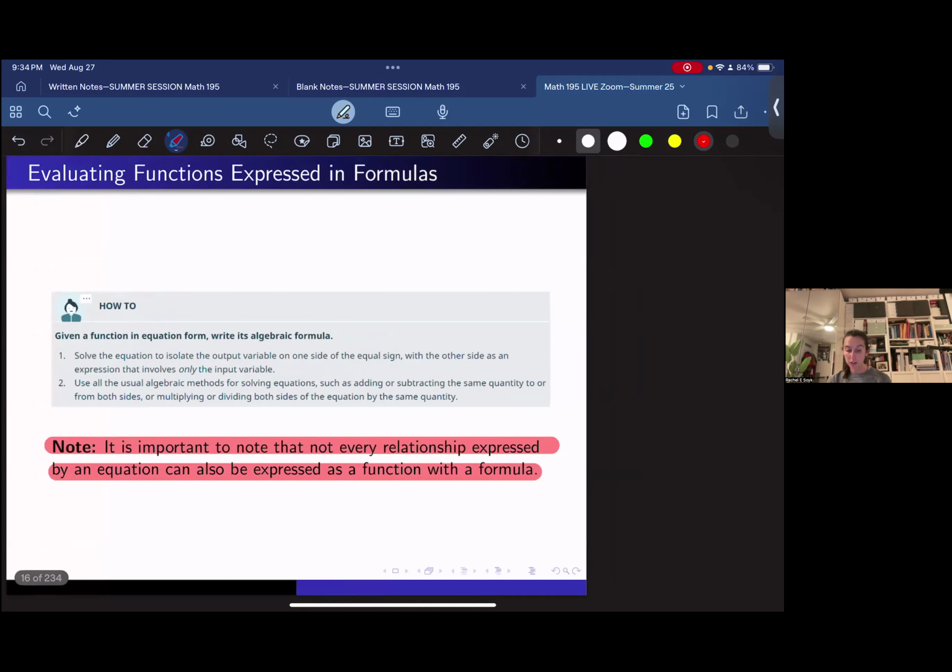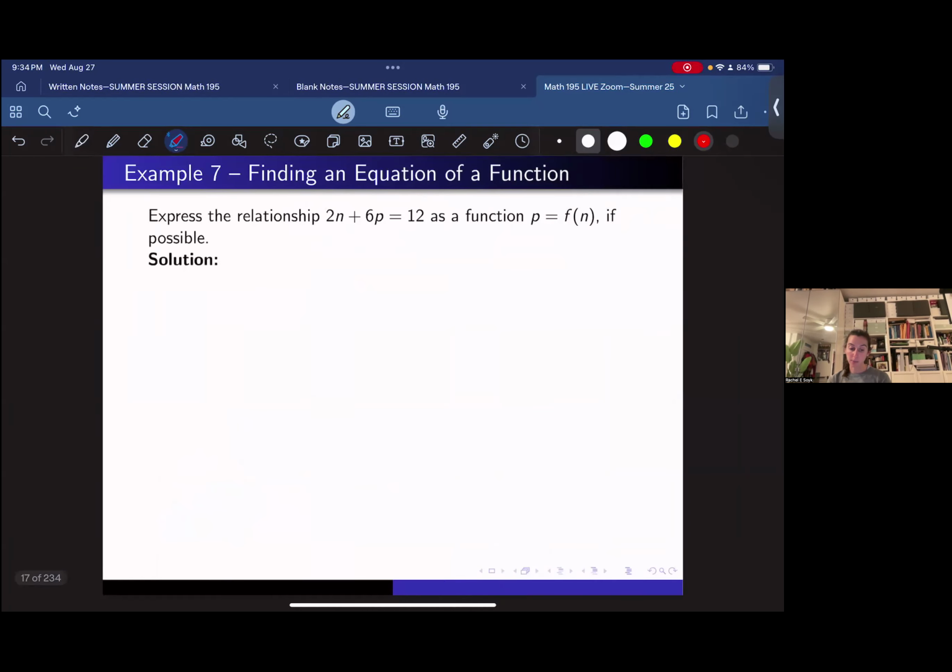Now let's take a look at our example. We want to express this relationship as a function where p is equal to f of n. So we want to isolate our p here. I'm going to rewrite the problem. So we're looking at 2n plus 6p is equal to 12. I'm going to subtract 2n from both sides.